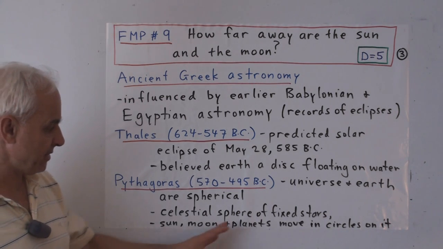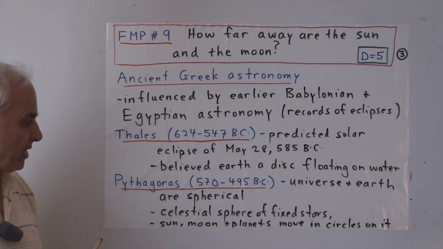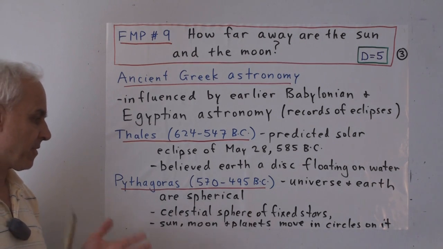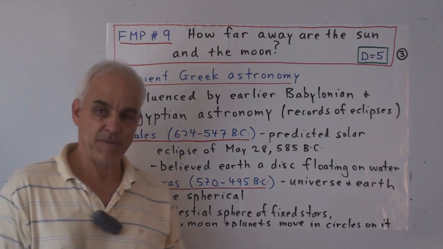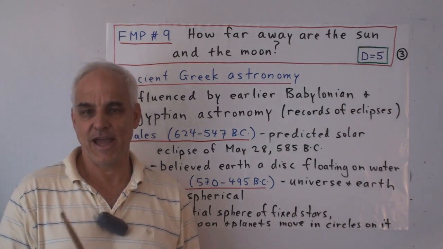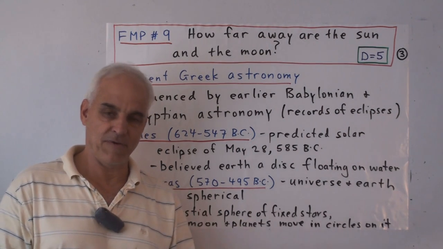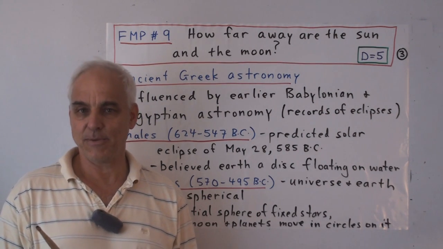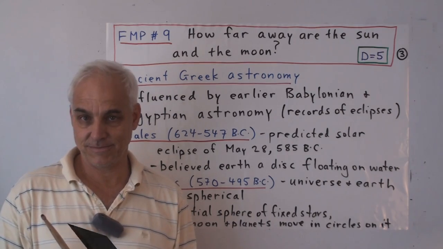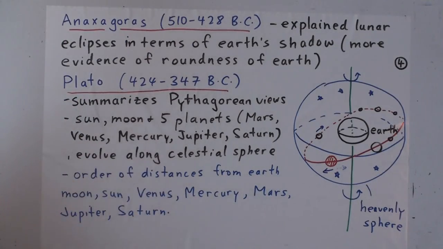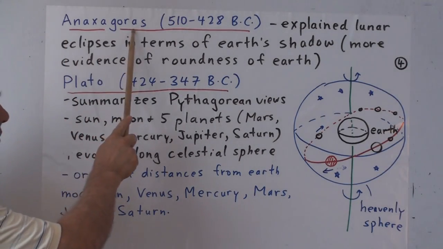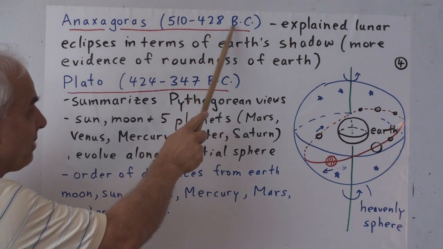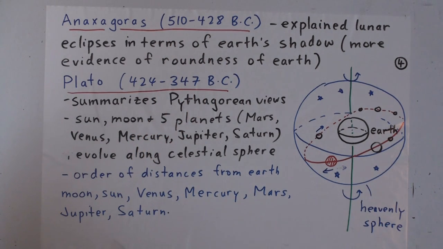All right, so that was the setup of the Pythagoreans, who believed that the heavens and the earth all moved in a spirit of harmony that was governed by numbers. A little while later, Anaxagoras, who lived from 510 to 428 BC, was the first to propose an explanation for lunar eclipses in terms of the Earth's shadow.